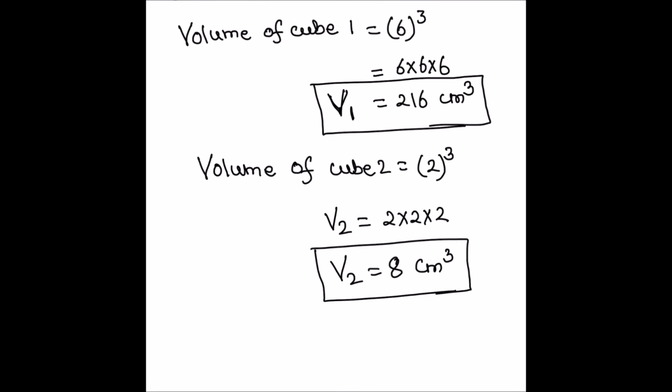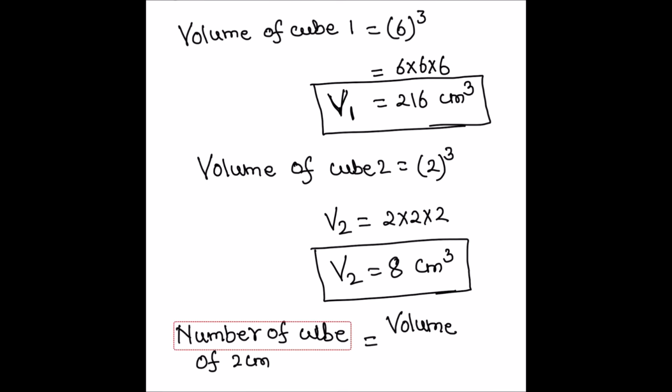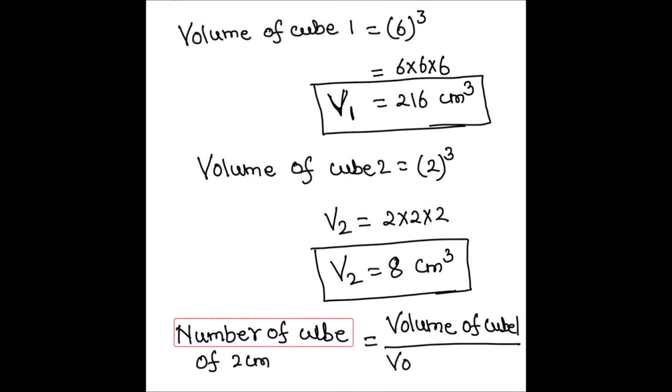Now volume of cube 1 is recast and melted into volume of cube 2. Now we need to find the number of such cubes. To find the number of such cubes, we need to divide volume of cube 1 by volume of cube 2.